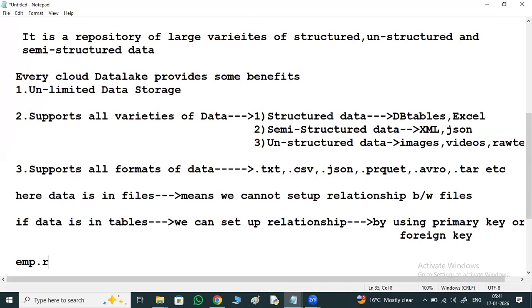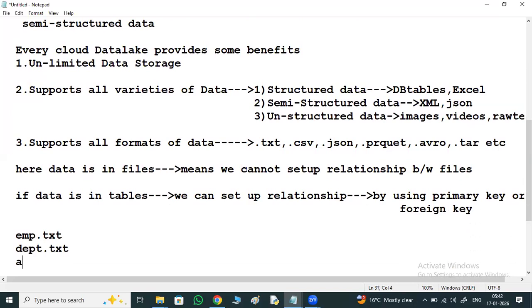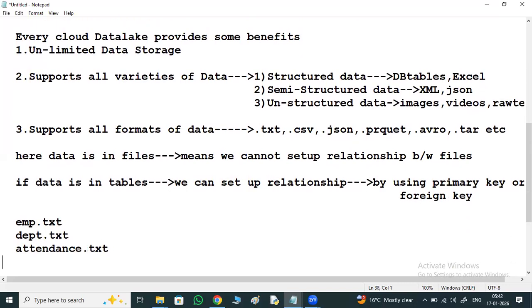emp.txt is there, emp.txt, dept.txt, attendance.txt, salaries.txt.